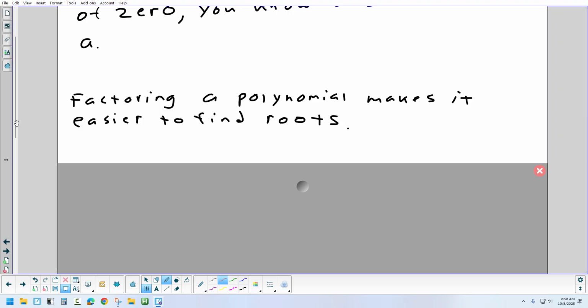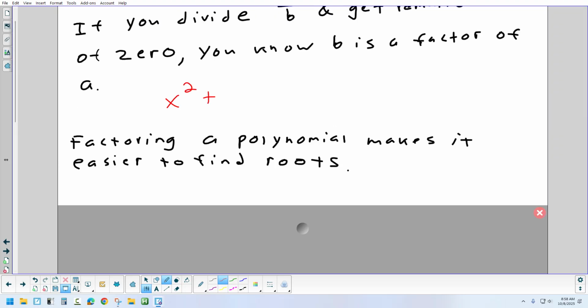Let's say you had x squared plus, let's say, 5x plus 4. You might not be able to look at that quickly and solve for x, because it's a quadratic.